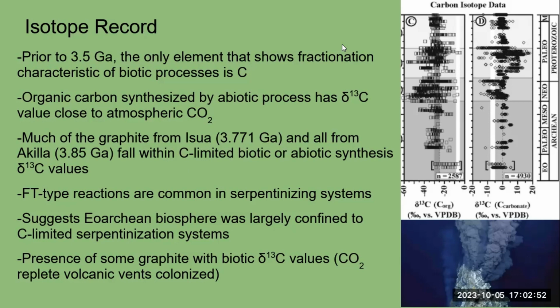This, coupled with the isotope record, suggests that the Eoarchean biosphere was largely confined to these habitats. However, some of the graphite found in Isua has a carbon isotope composition characteristic of carbon-replete biotic production, indicating that life may have colonized volcanic vents, also known as black smokers, by this time.